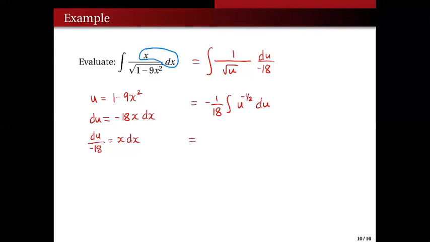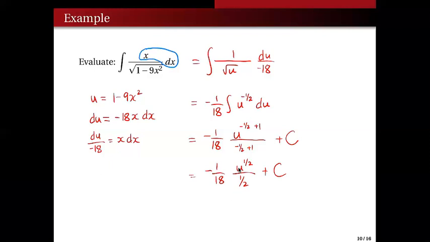So if we integrate this, we will have negative 1 over 18 times u raised to negative 1 half plus 1, divided by negative 1 half plus 1, plus the arbitrary constant c. Negative 1 half plus 1, that's positive 1 half. So negative 1 over 18 times u raised to positive 1 half divided by 1 half, plus c.